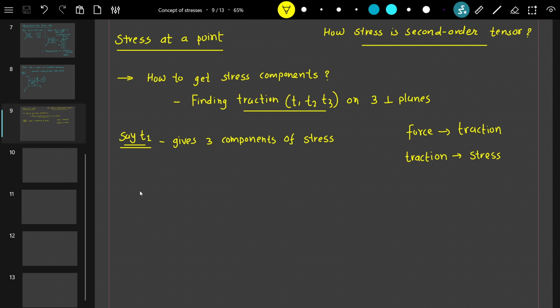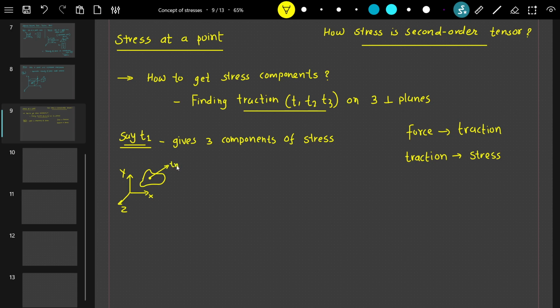So let's take this coordinate system here, XYZ, and this is our body. Let's assume that we have already defined a traction here at a point on this body, and this traction is Tn.